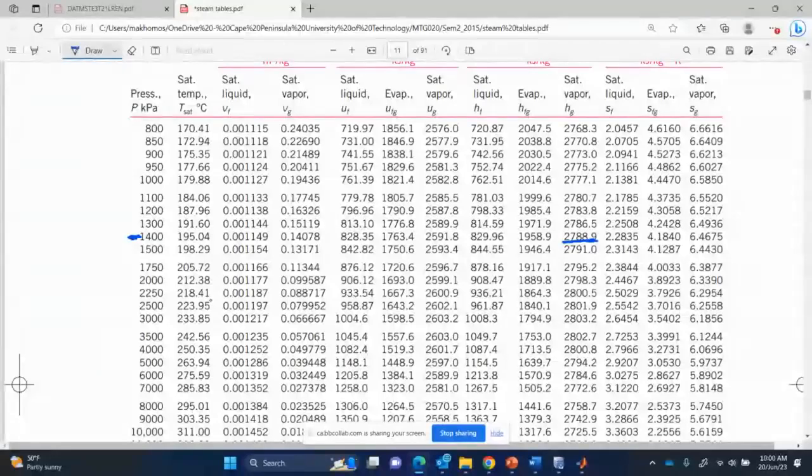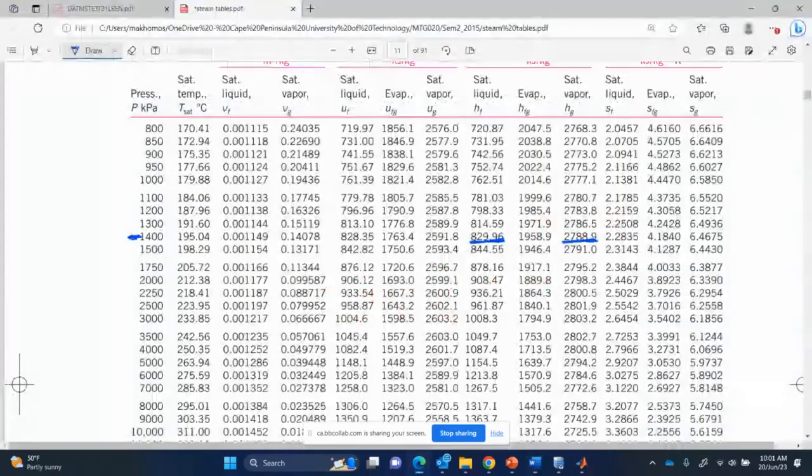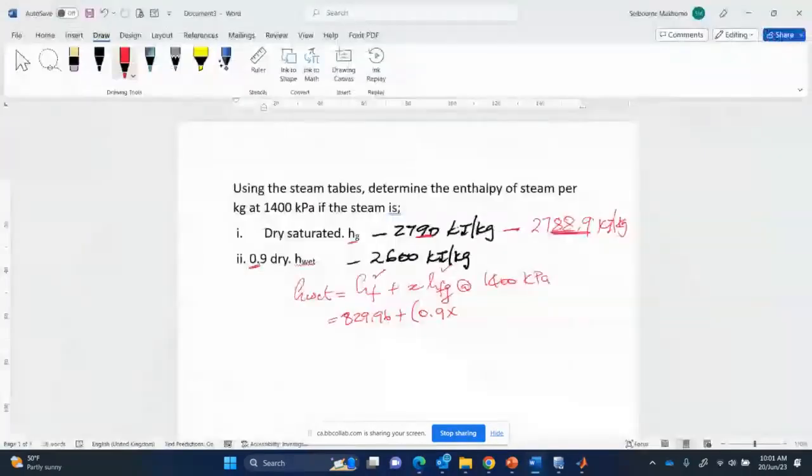At 1400, hf is 829.96, plus x, which is given as 0.9, multiplied by hfg at 1400, which is 1958.9.